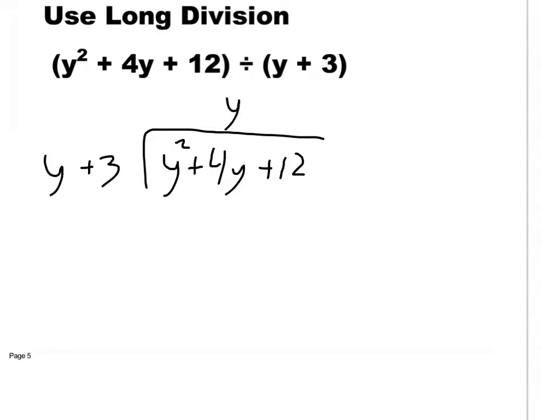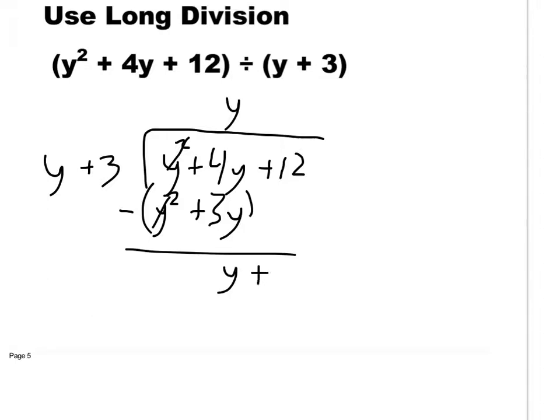How about y? What's y times y? y squared. What is 3 times y? 3y. So I'm going to subtract that, which y squared minus y squared would cancel out. 4y minus 3y would be what? y. I dropped down the 12.